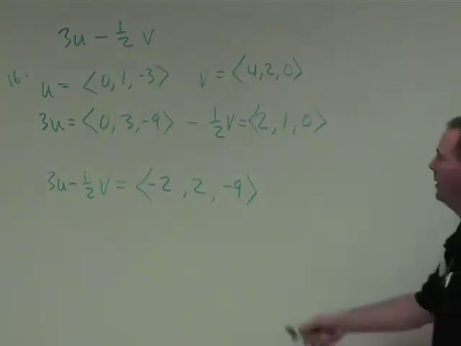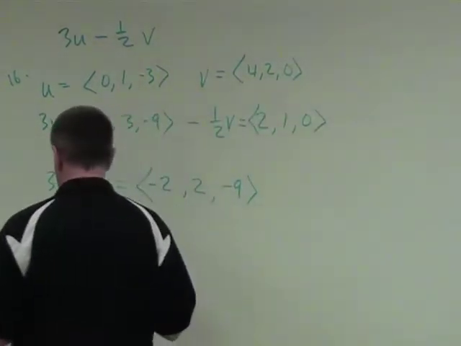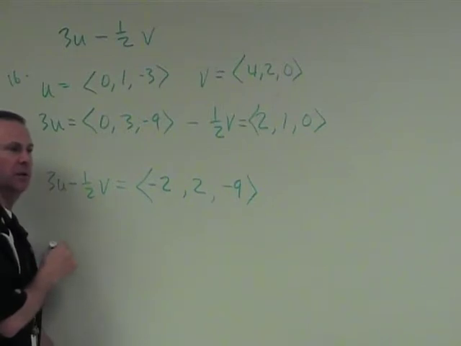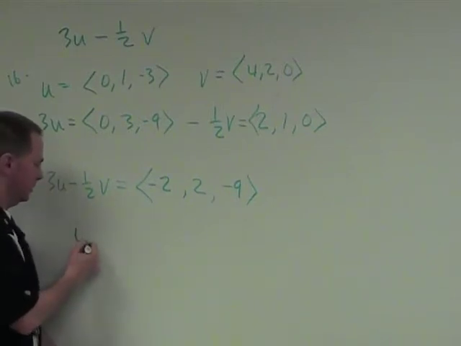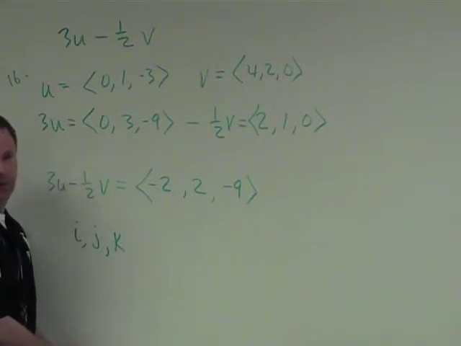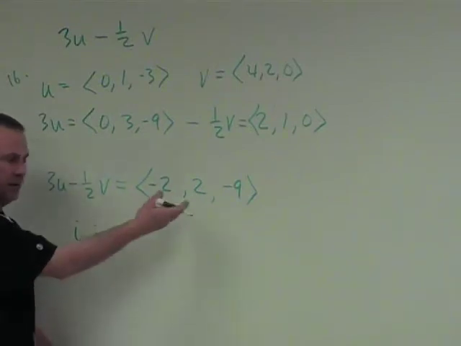Okay, component form. If I said write this in component form, what is it that I'm asking for? I and J. In this case, I, J, and K. K is the third dimension one. So how would I write that then?